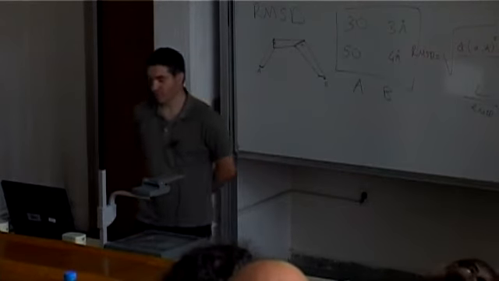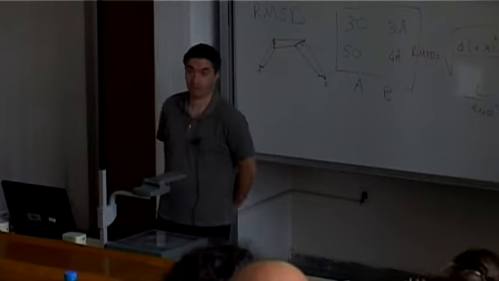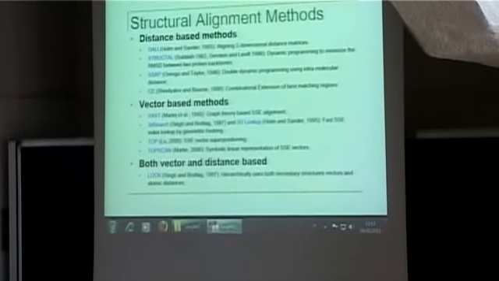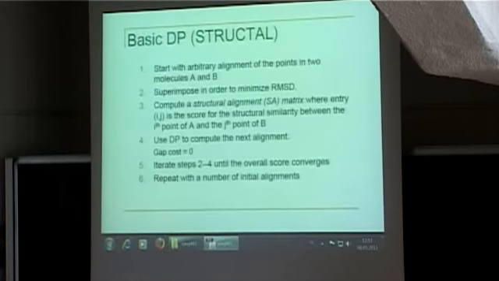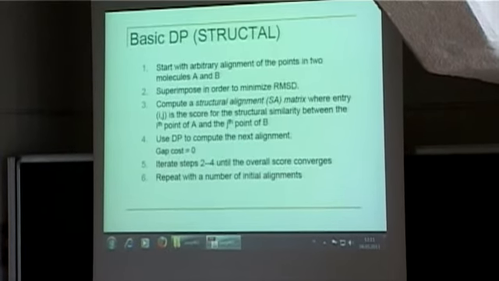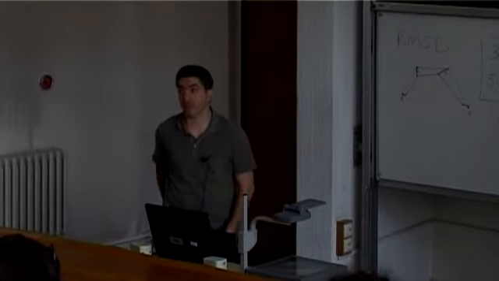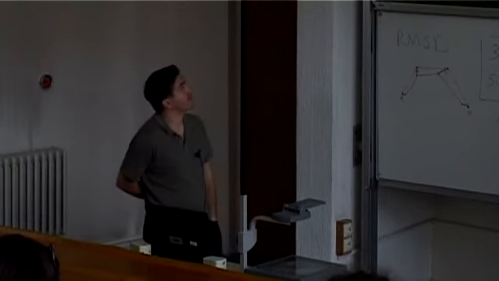It doesn't guarantee an optimal solution. None of these techniques guarantee an optimal solution. As I said, even the notion of optimal is not a universally accepted notion. So we don't have a globally accepted objective function. That's why each of these structural alignment tools gives you different results.